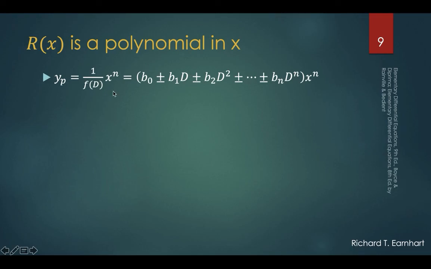This is the expansion of f of D, which is obtained by dividing 1 by the function D in ascending order. So we start with the lowest or smallest power of D, and then divide.